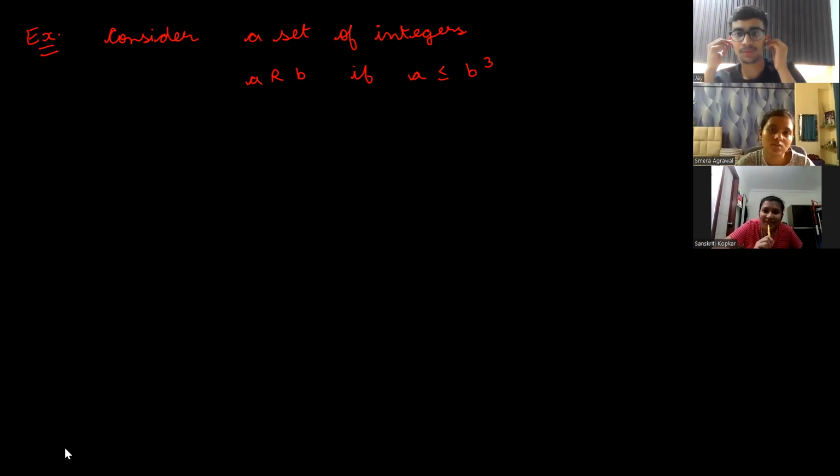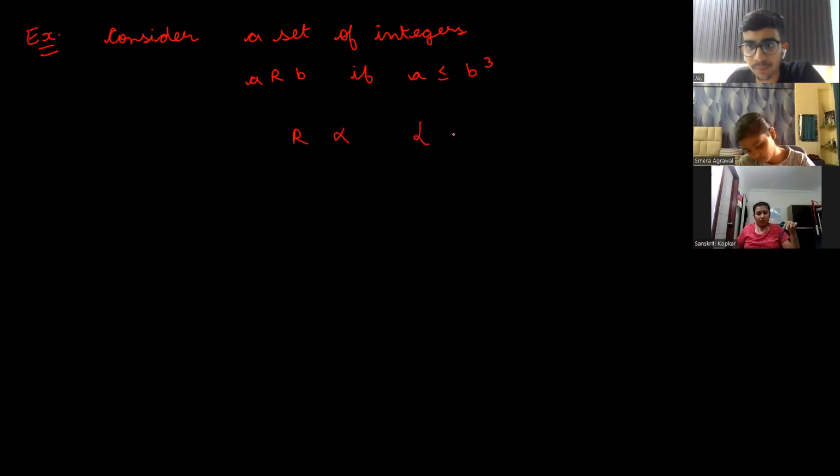Yes or no? No. So that means it's not reflexive. And the case is (-3,-3). -2, -2 also we can take. हाँ, there are a whole set of negative integers. -1 के बाद जो भी integers आएंगे, they'll not satisfy this relation. So it's not reflexive. What about symmetric now?